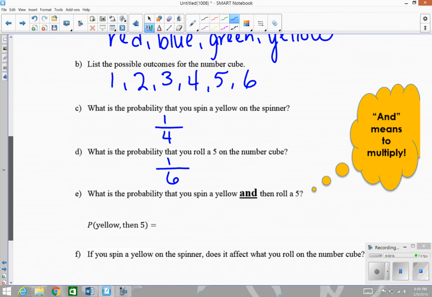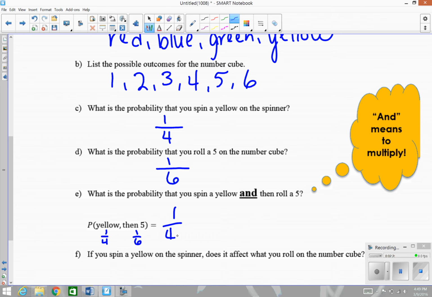For this, you could make a tree, but to make life easier, I've given you this little thought bubble. And means to multiply. So if we take the probability of yellow, which was 1/4, and the probability of rolling a 5, which is 1/6, we can multiply to find the probability.